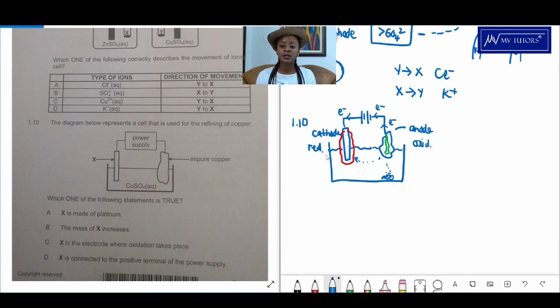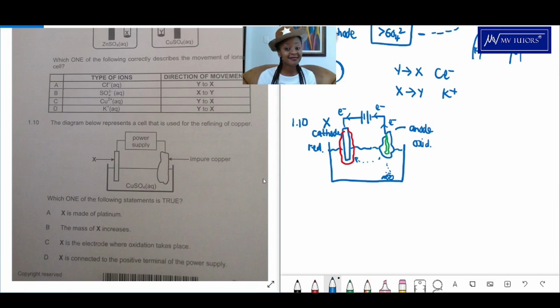All right, so that's basically what happens. Now, what is it saying? So this would be X, where the pure copper is going to surround, and that's just the impure copper. So X is made of platinum.